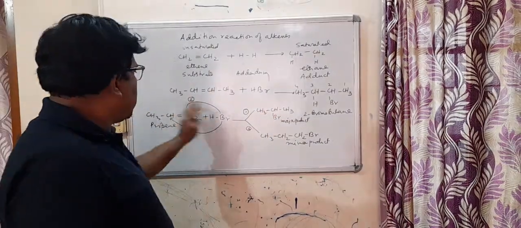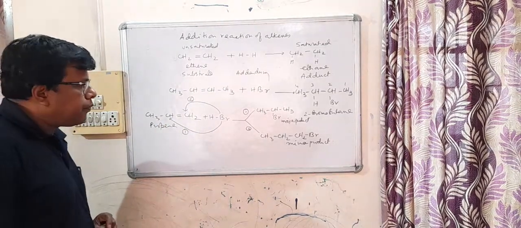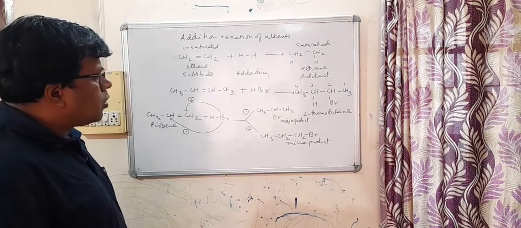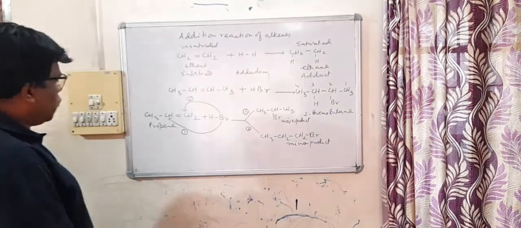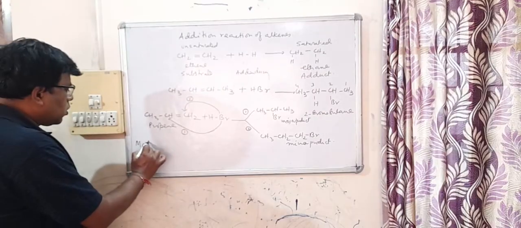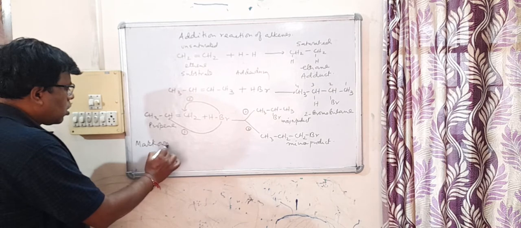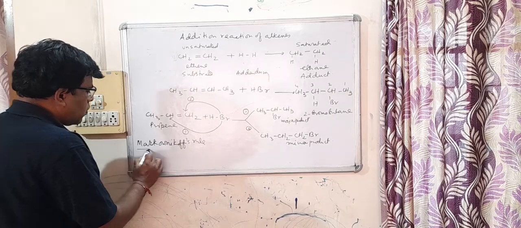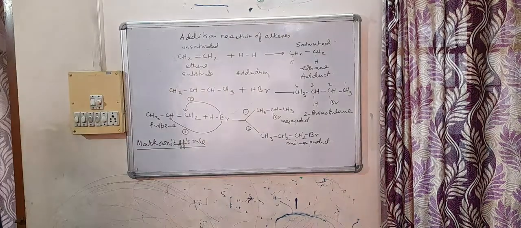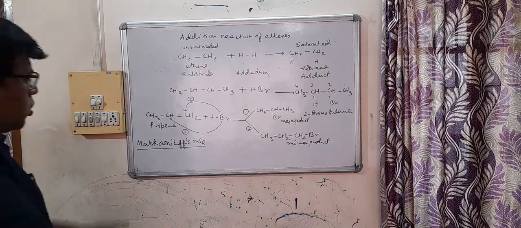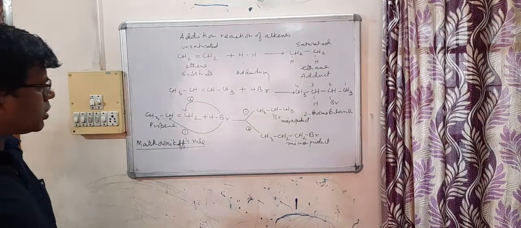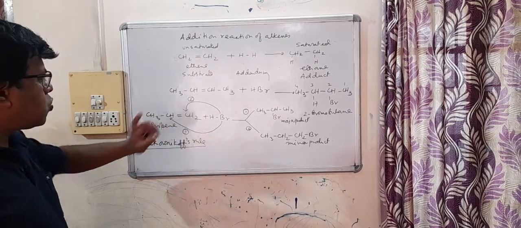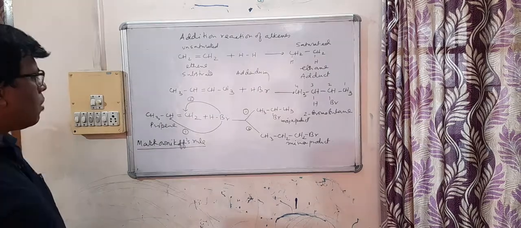Okay, now how will the addition take place in case of unsymmetrical alkene? To get a guideline, there is one very important rule. It's called Markovnikov's rule. You can find the statement in your book. It says that the negative part of the addendum gets added to the carbon having lesser number of hydrogen.